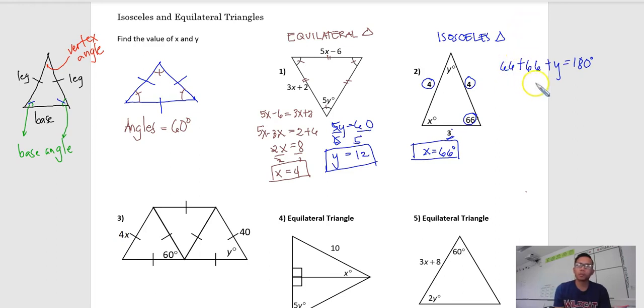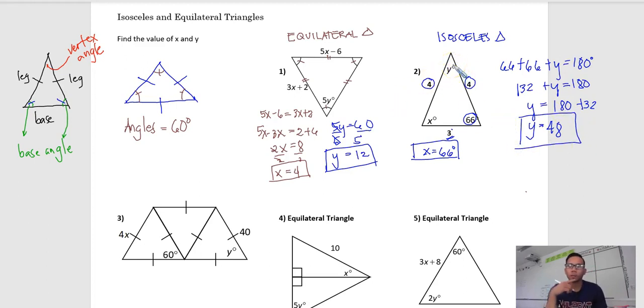So 66 plus 66 will give us 132, plus y is equal to 180. I'm going to isolate y. That is, y is equal to 180 minus 132. We can now solve for y, which is 48. So the value of y is 48, or this angle is 48 degrees.